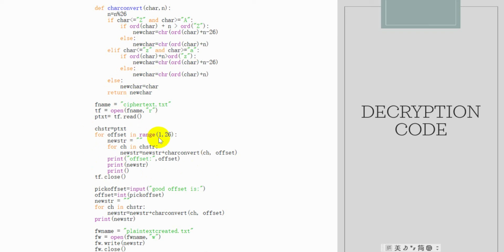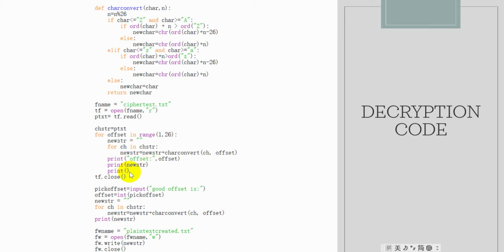It loops from 1 to 25 because 26 isn't included. That's the offset, and every time the offset changes. The first time the offset is going to be 1, and then we encrypt the ciphertext again with the offset of 1. We print the offset, which is going to be 1 in this case, and print the new string, which is the generated plaintext possibility.